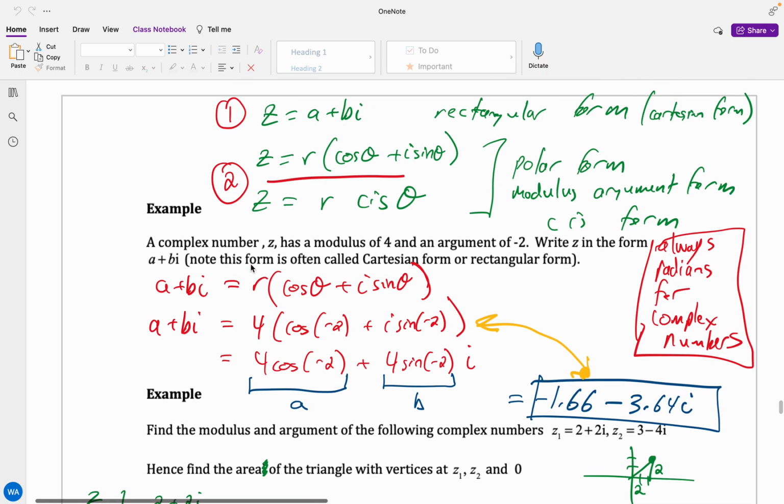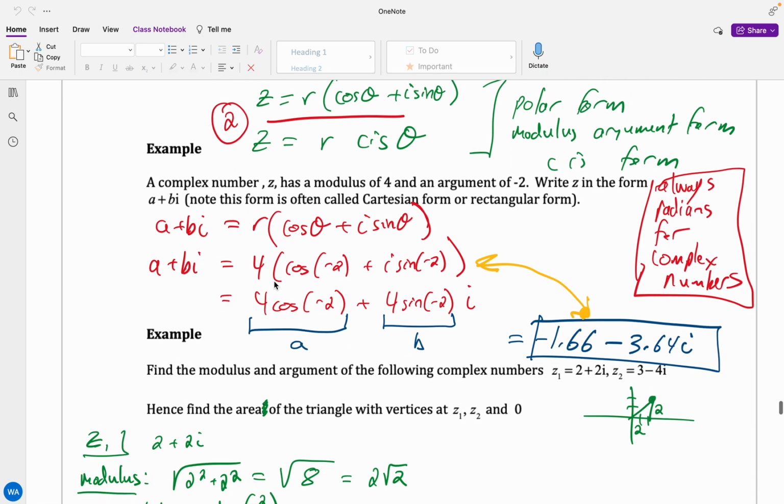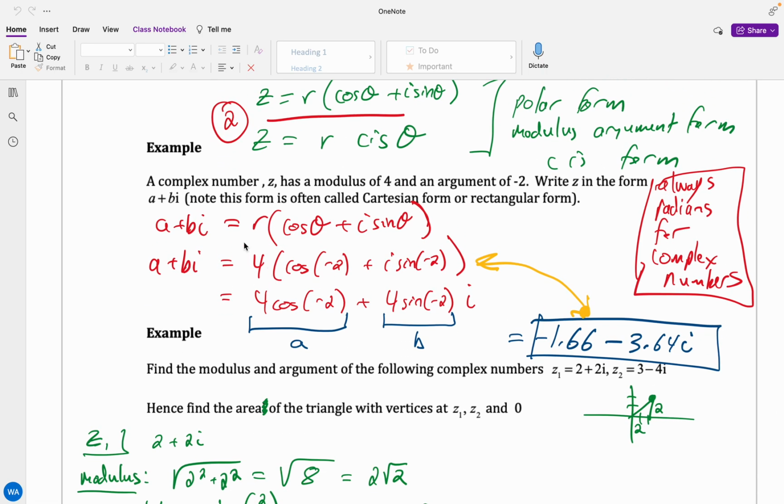And then we went on to do some work converting between polar and rectangular. We said it has a modulus of 4 and an argument of -2. Let's put our argument of -2 into the polar form with our modulus of 4, and then distribute the 4. That number evaluated in the calculator is the a in a plus bi, and that number evaluated in the calculator is the b.